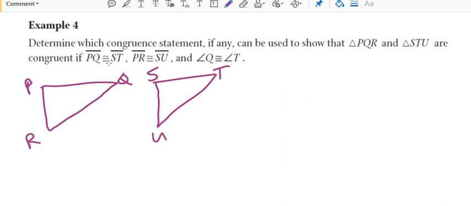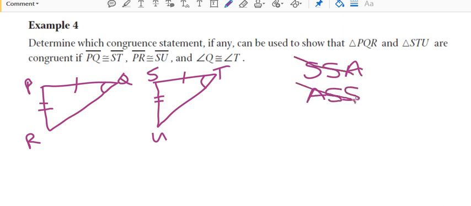So it tells us that PQ is congruent to ST, that PR is congruent to SU, and that angle Q is congruent to angle T. So what they've given us there are two sides and an angle. Well, we know that this doesn't exist. We know that this doesn't exist.